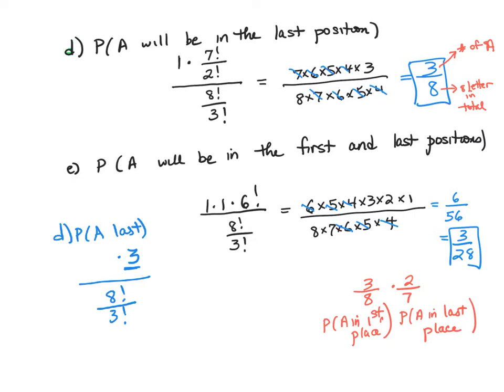We could choose from the 3 A's. Once that's chosen, 1 letter is taken up. So we've got 7 factorial letters to permute. So that would be 7 factorial. But because we're putting one of the 3 A's here, we can permute them in 3 factorial ways.